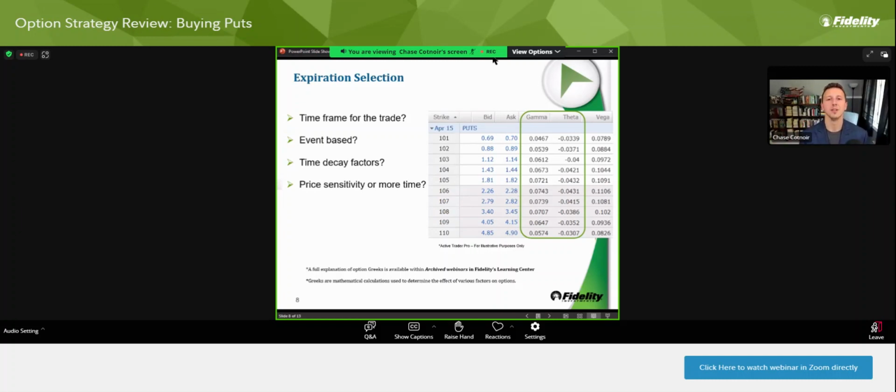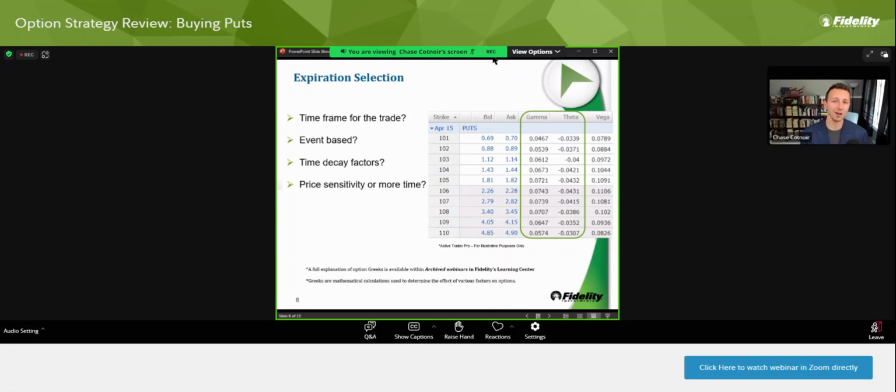I'll give you an example. If earnings are coming up, let's say earnings are in a week or two for company X, Y, and Z, and you already have some expectations that the company's not going to do very well, so you're bearish in the near term. Well, do you need a 1 year put to trade an event that's so short term? Likely not.